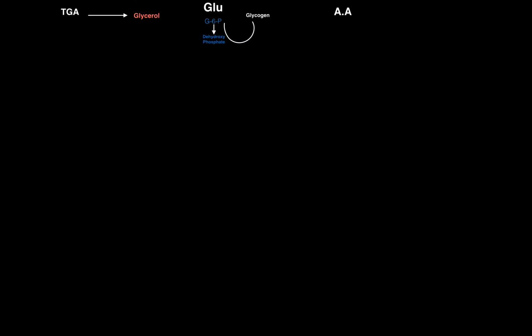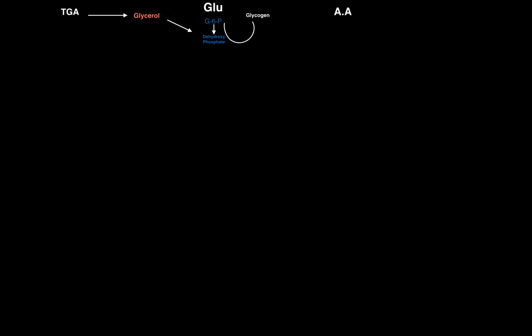We know that triglyceride consists of 3 fatty acid chains and 1 glycerol. The glycerol will be converted to dihydroxyacetone phosphate, which again, if we need glucose, can be converted to glucose or can be involved in glycolysis.